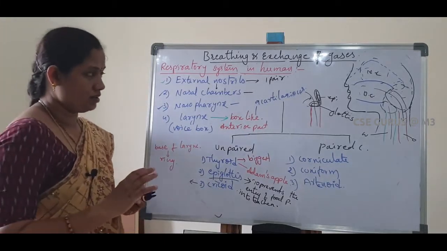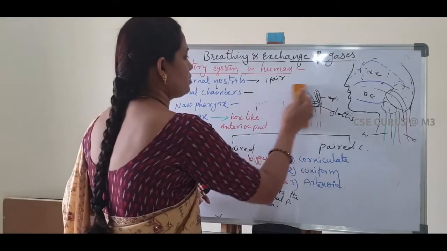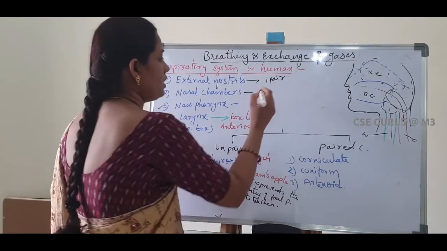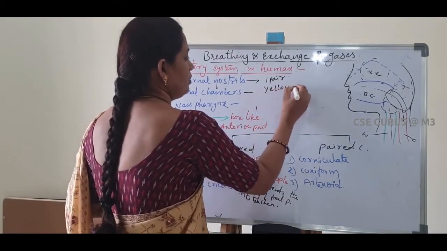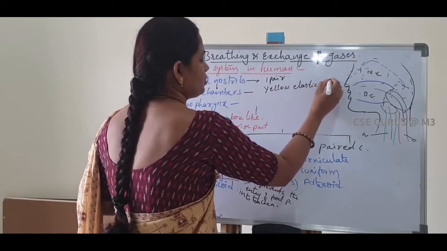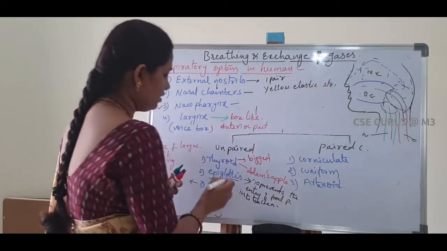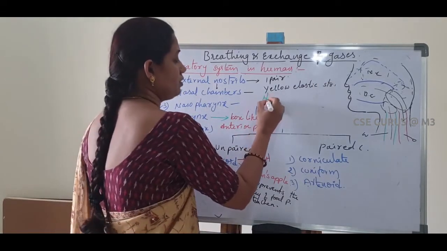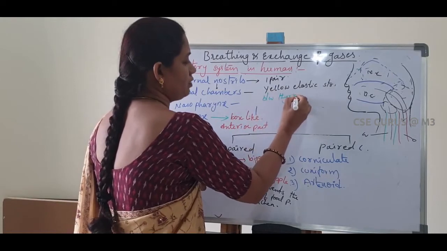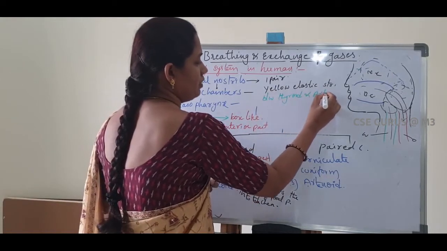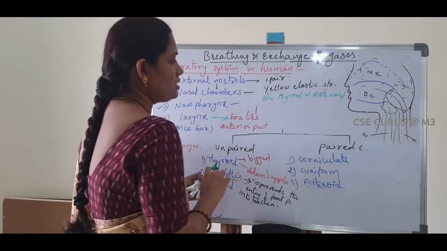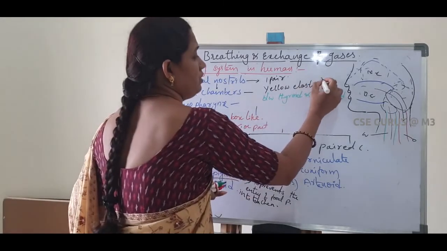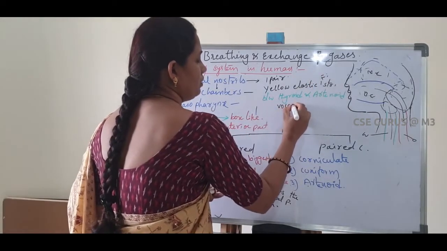Next, in the larynx region, one more structure is present: yellow elastic structures between the thyroid and arytenoid cartilages. These yellow elastic fiber-like structures are called vocal cords.